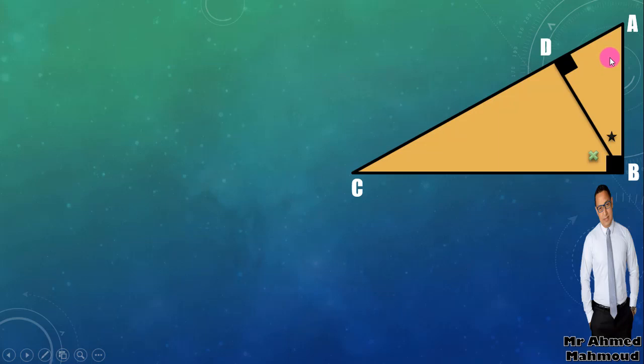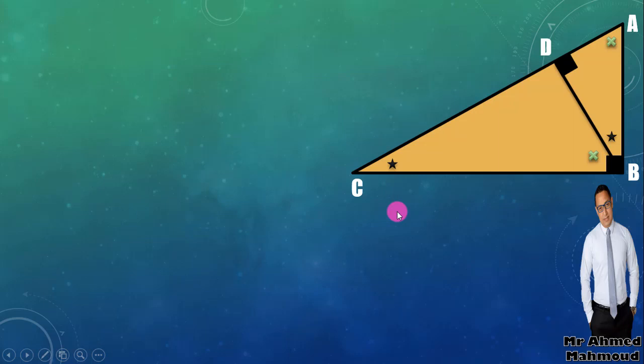By looking at the smaller triangle ABD, this is right and this is a star, so the sum of this angle and this angle equals 90. So this angle equals X, because X and star equal 90. By looking at triangle DBC, angle D equals 90 and this angle is X, so this angle is star.